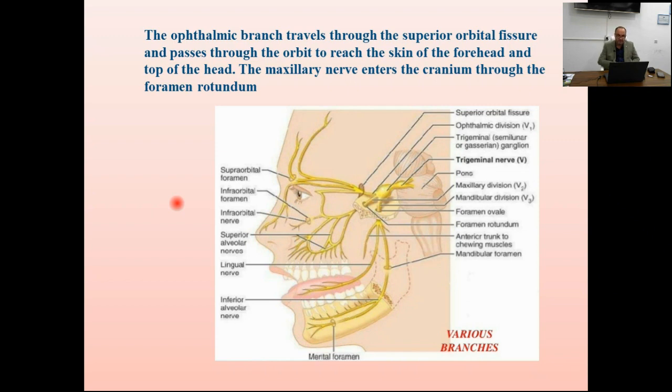We see in this picture the maxillary division, the ophthalmic division, and the mandibular division of the trigeminal nerve, and we see the origin from the brain and also the foramen rotundum and the superior orbital fissure.